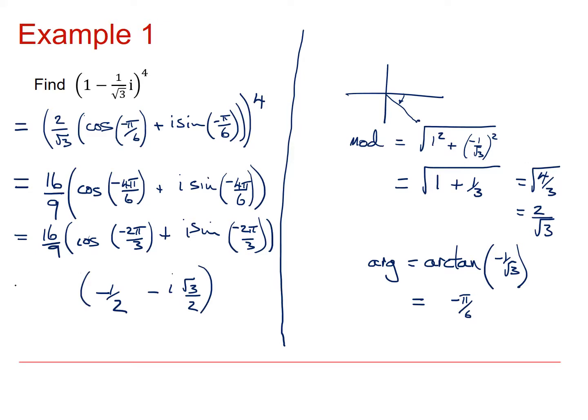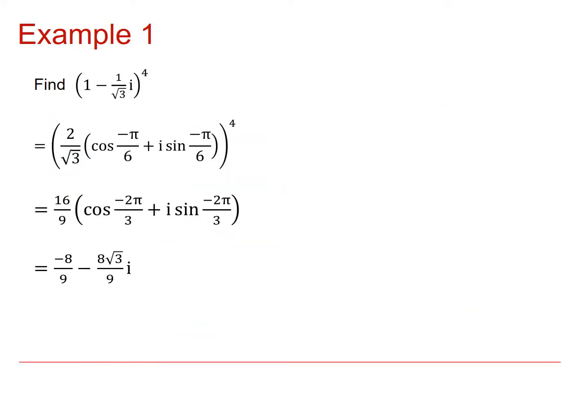And so that's going to give me minus 8 over 9 minus 8 over 9 i root 3. There's that working tidied up for you. Just working it through, you can see here I get my final result.